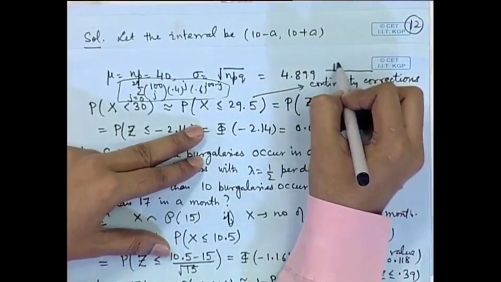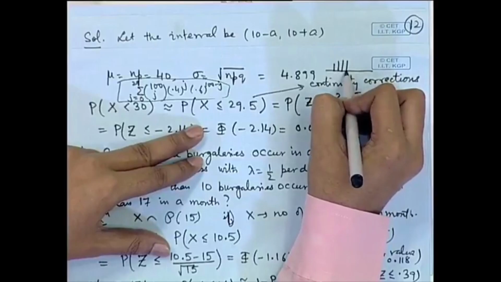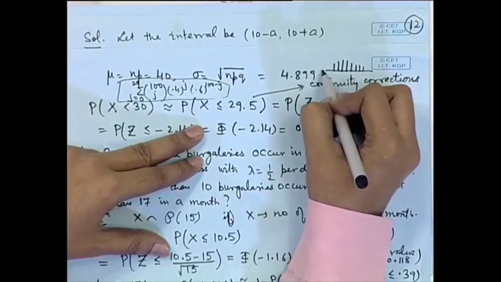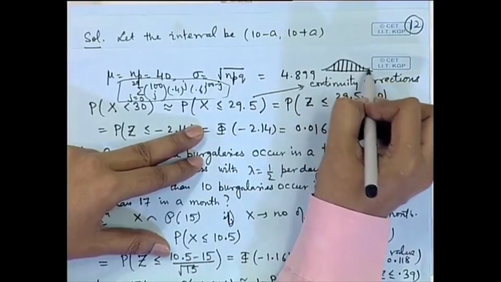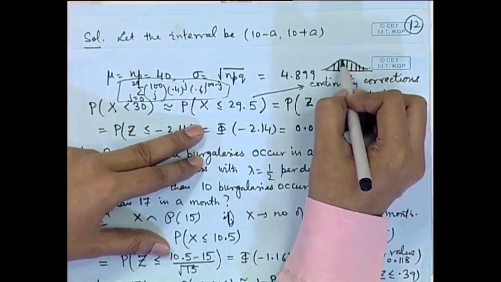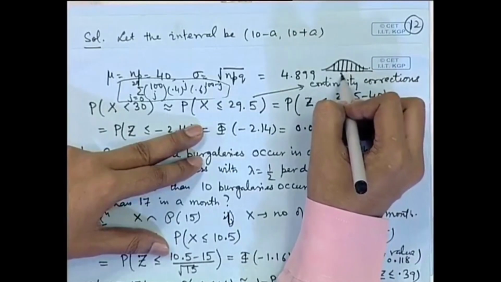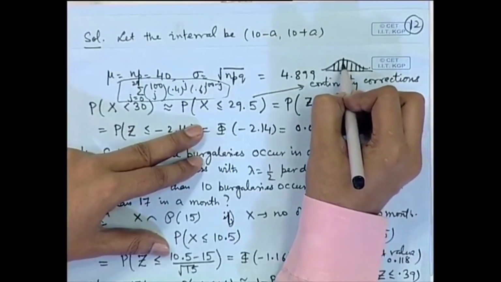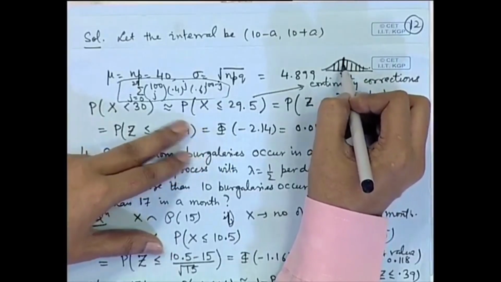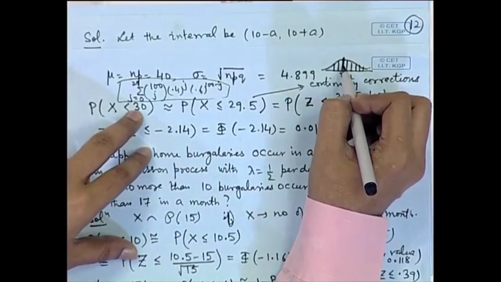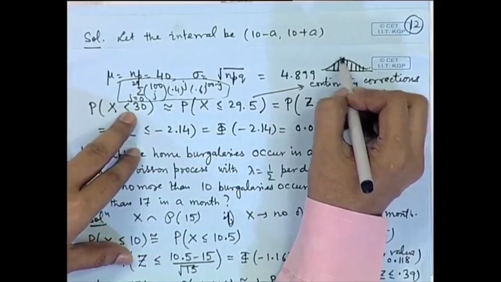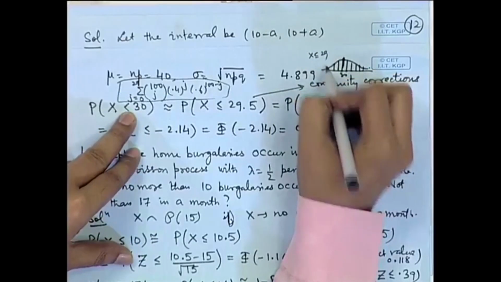Consider like this: in the binomial distribution, the curve is like this. Now, if we are approximating it by a normal distribution and suppose this is 30, it could also be x less than or equal to 29.